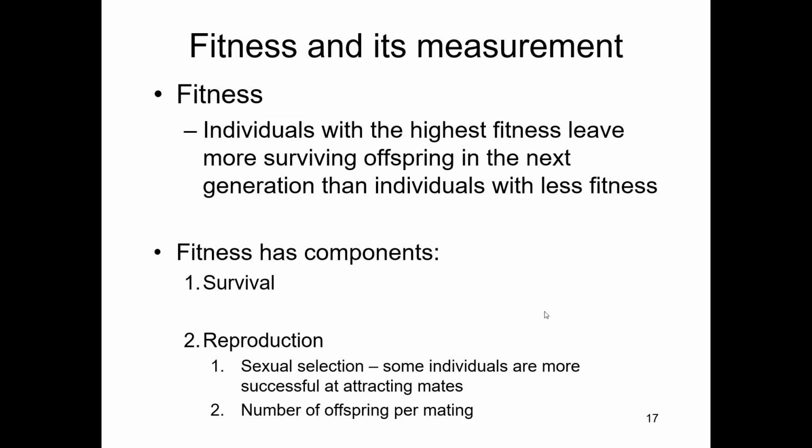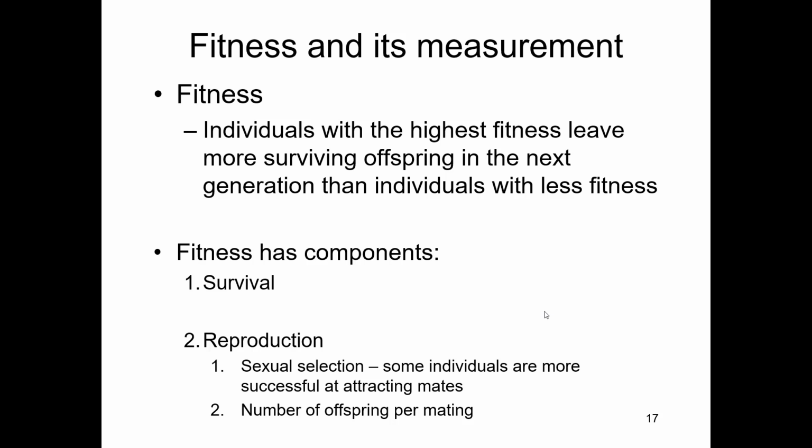If I had to weigh the two, I would put reproduction more important than survival. So in the end, the game is to leave as many offspring as possible. And the longer you survive, the better chance you can have more offspring over a longer period of time.